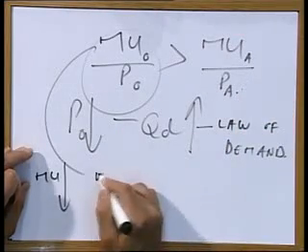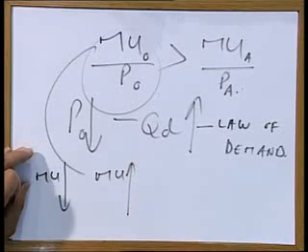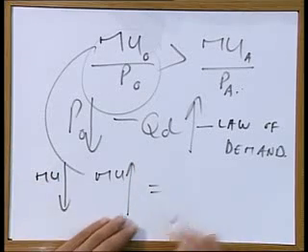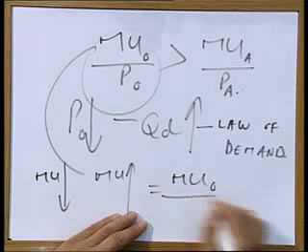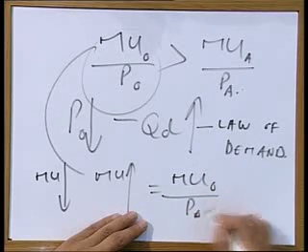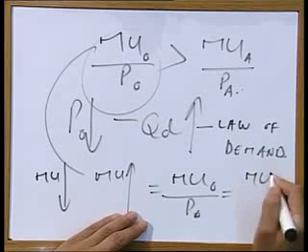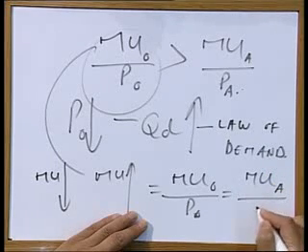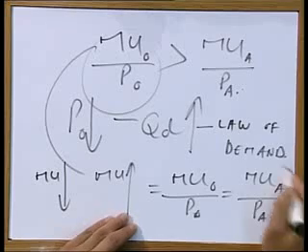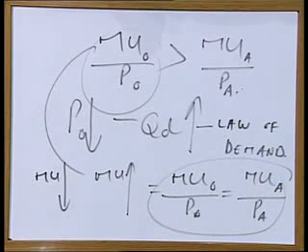What will happen with the MU of apples? It will increase, and in the end the consumer will restore equilibrium, where your MU price ratio of oranges will be equal to the MU price ratio of apples.